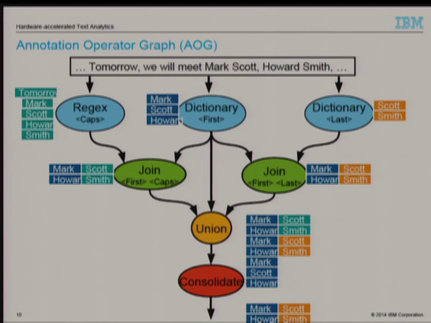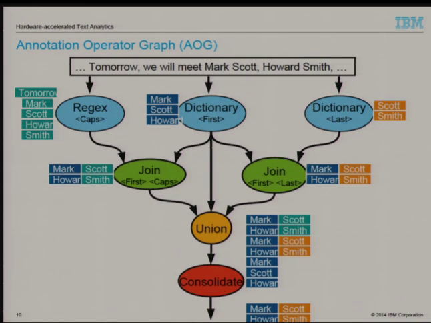These operators produce small tables that contain spans. A span would be a tuple of two integer values that tell me where the word starts and where it ends within the text. And then afterwards, I'm using relational algebra operators to correlate these spans that I have found earlier with the extraction operators, so that I'm trying to find that Mark is placed next to Scott and Howard, for example, is placed next to Smith.